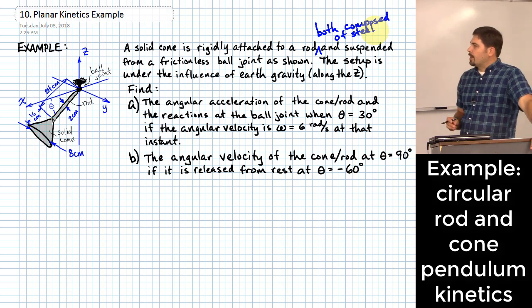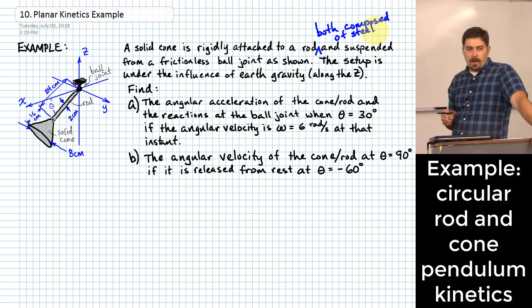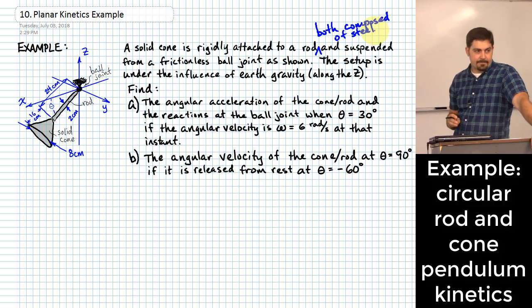So what I'm trying to get at, even though it's a little hard to visualize at first, is that the cone and rod are swinging in the XZ plane. I showed it in 3D to give you the idea that that is not just a triangular piece of steel, it's a cone-shaped piece of steel.